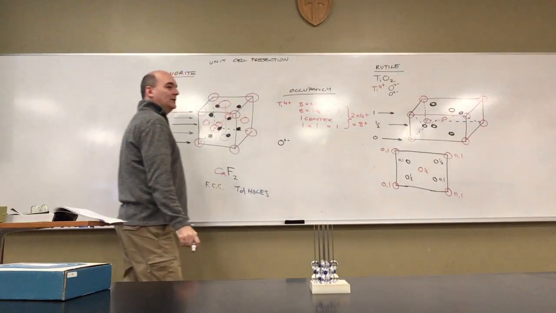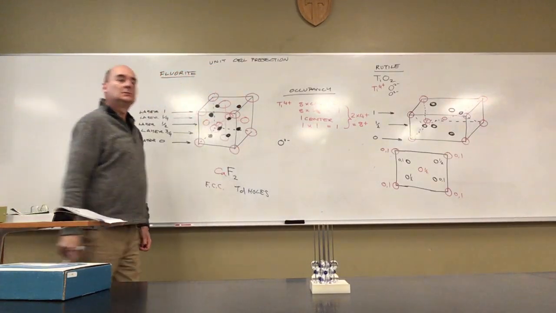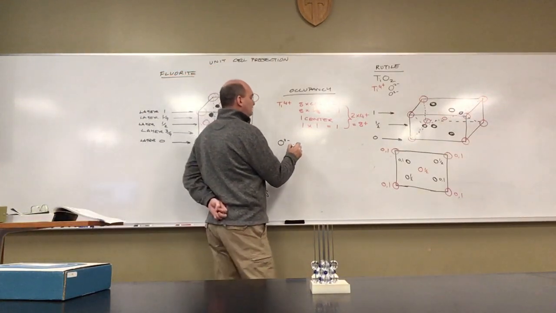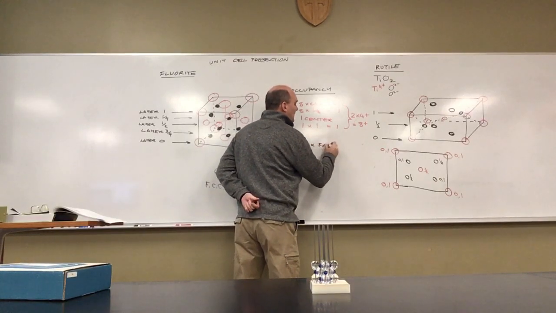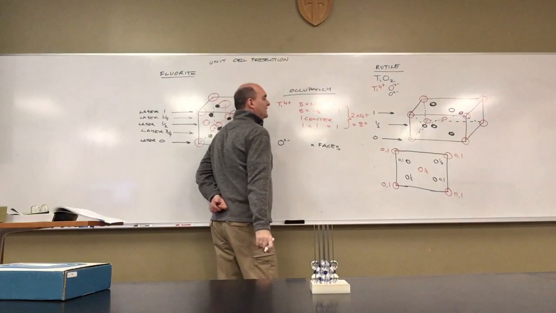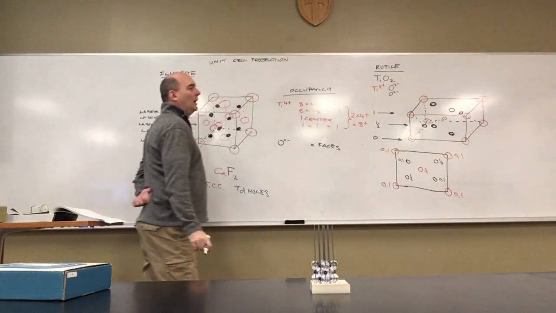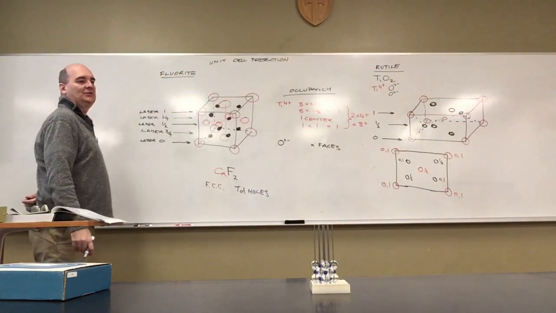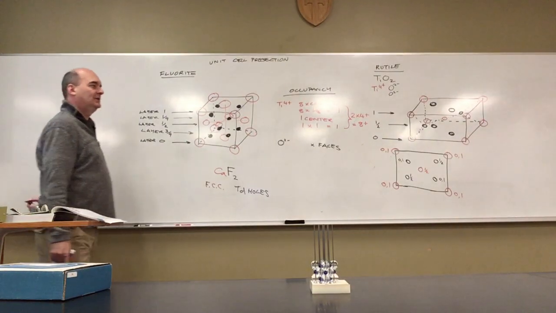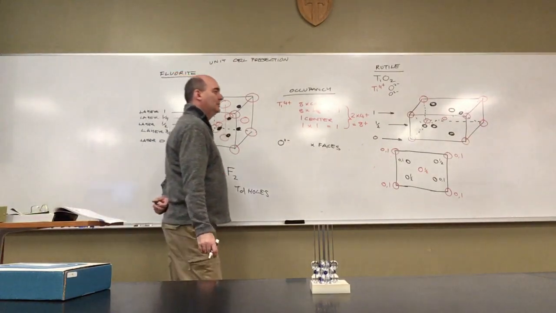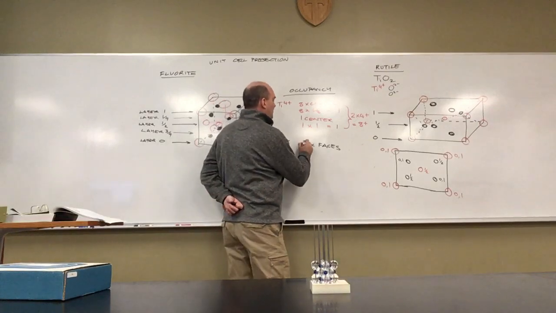Let's look at the oxides. There are oxides on the faces of layer 1 and layer 0. How many oxides are on the faces of layer 1 and layer 0? 4.